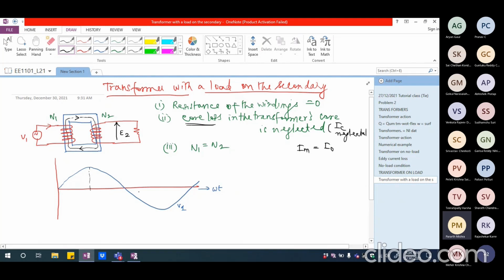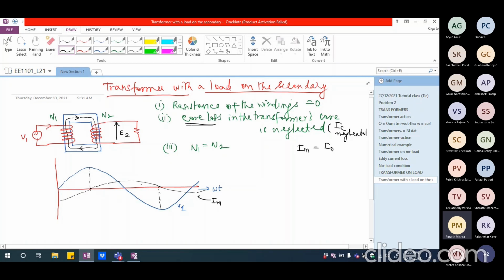So if I draw the magnetizing current, it is a really small value, but it will be lagging behind the voltage by 90 degrees. I draw a very small value of current like this. This is the magnetizing current, Im.